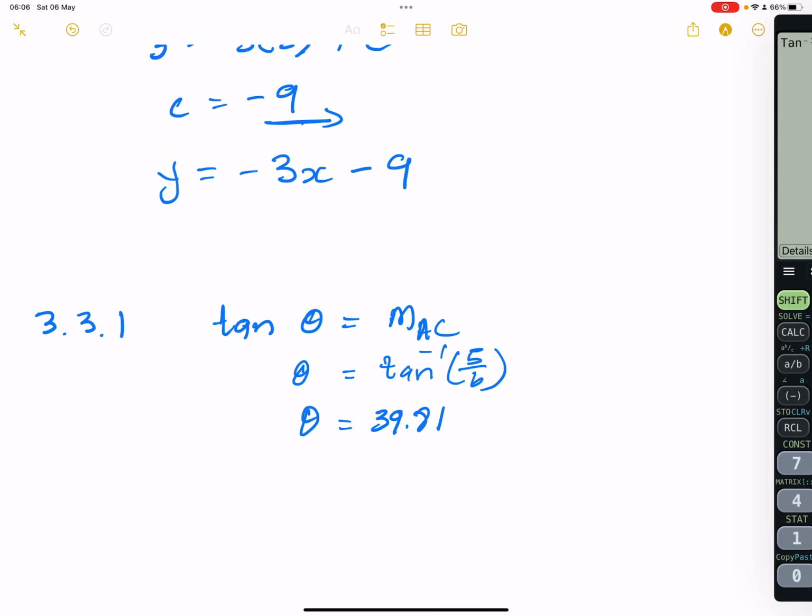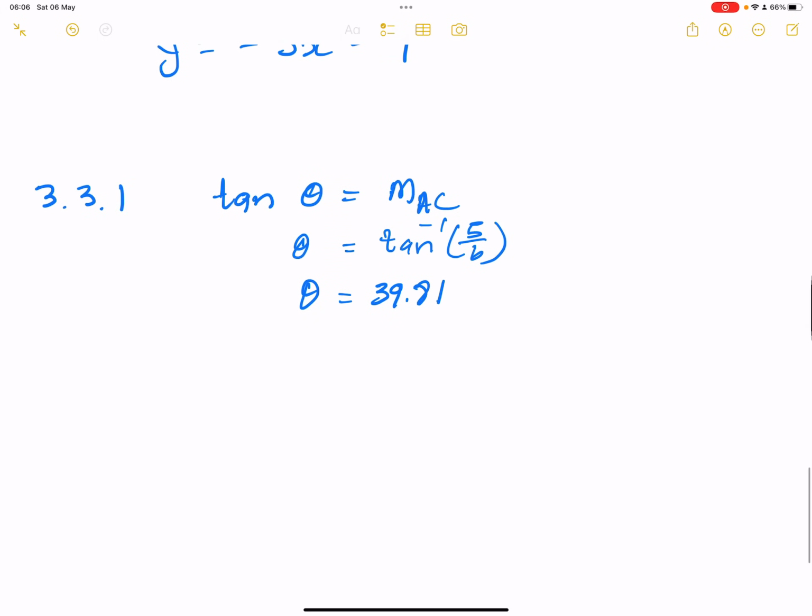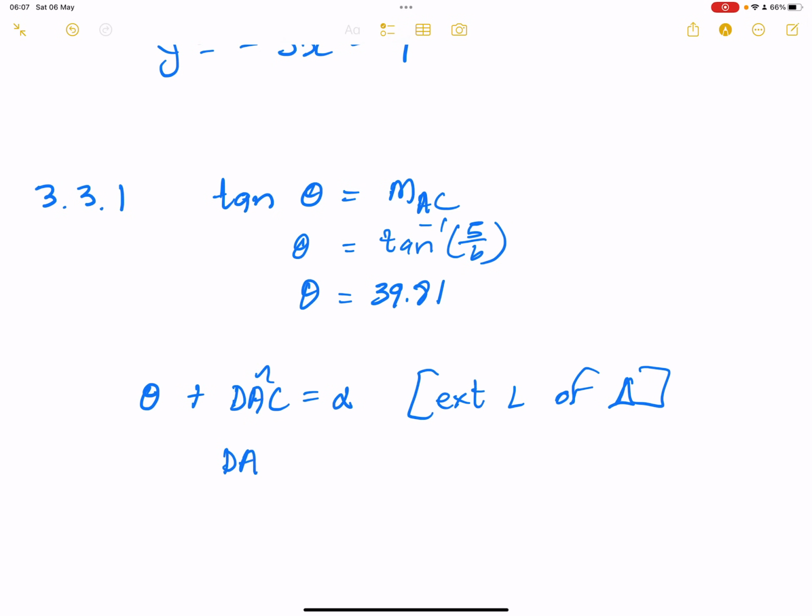Now I know that angle theta plus the angle DAC are equal to angle alpha, the exterior angle of a triangle. So to get the angle we wanted, that's going to be alpha minus theta.